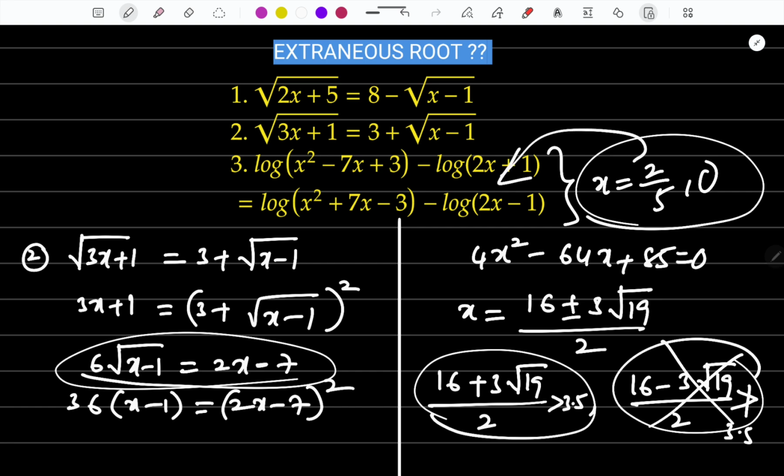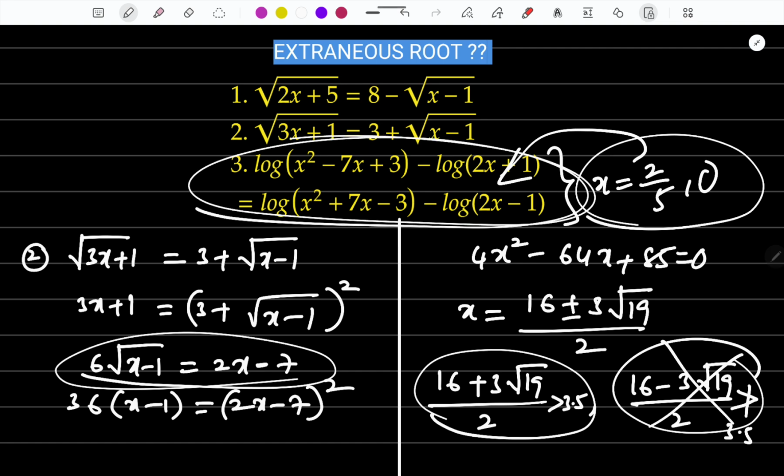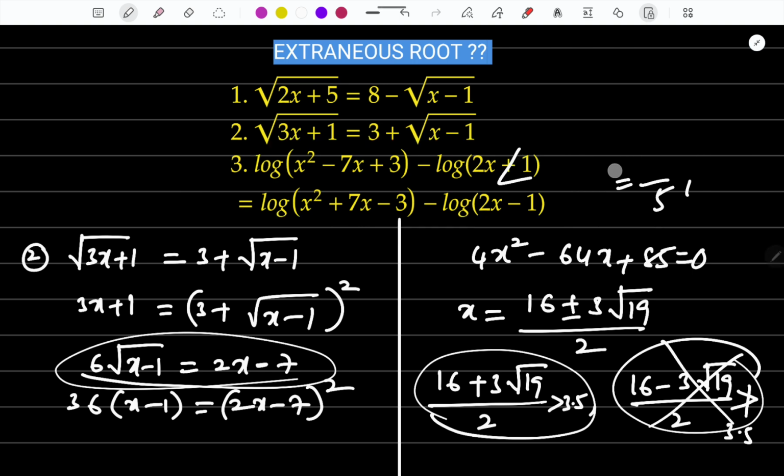That's why both are called extraneous roots. Therefore this third equation has no roots, there is no value of x which will satisfy the given equation.